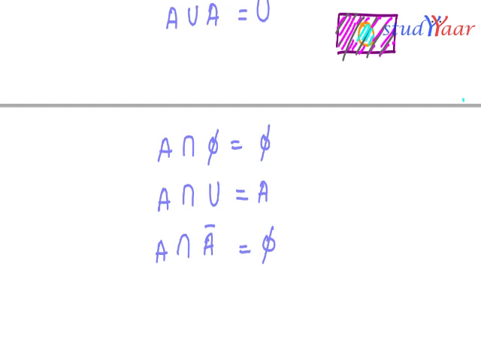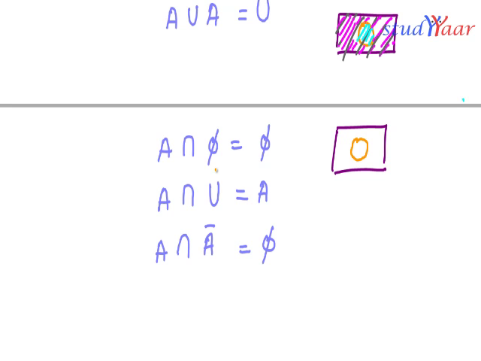And same concept over here. You have a universal set. Within this you have A, and what you want is the intersection of A and phi. Empty set and A have nothing in common, therefore the answer is going to be phi.